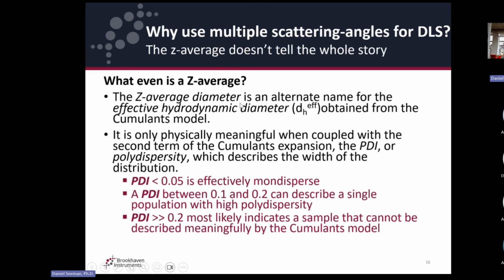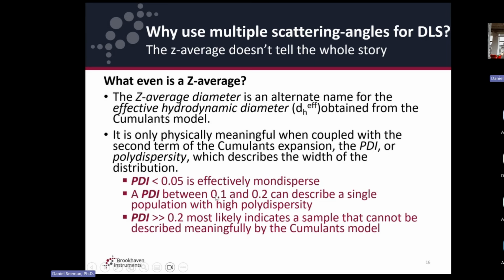The cumulant model is not capable of producing multiple peaks. The model makes the assumption that there's a single population with some width or some breadth that's measurable. So a very low polydispersity would be effectively indistinguishable from a monodisperse sample.